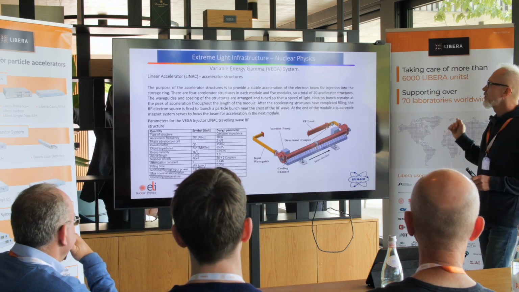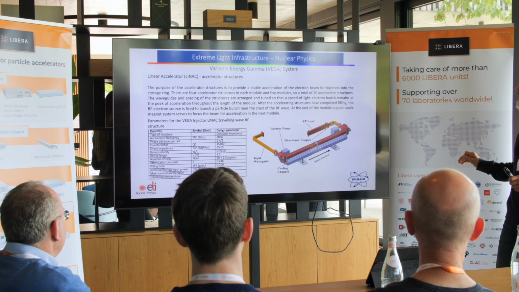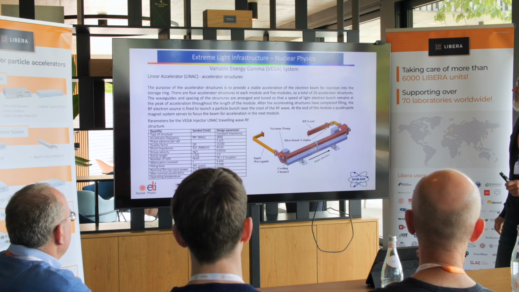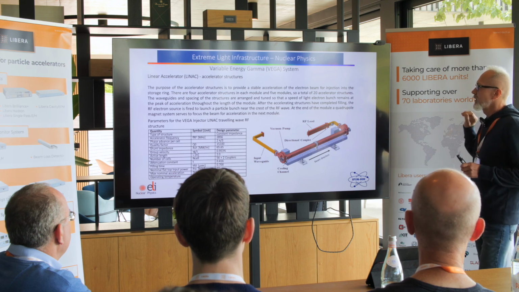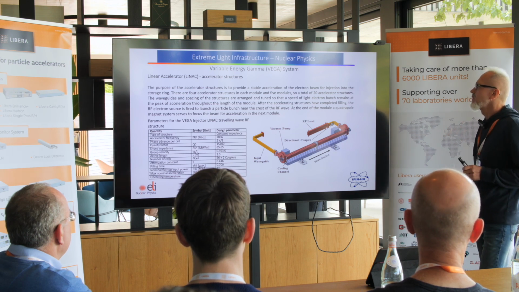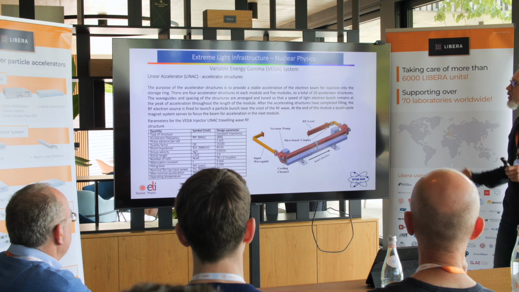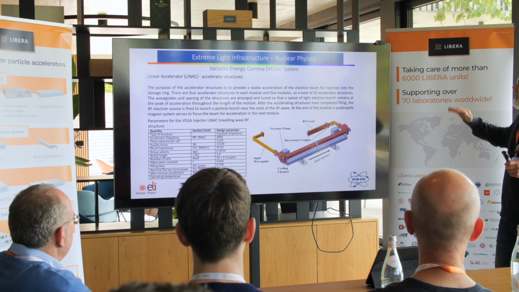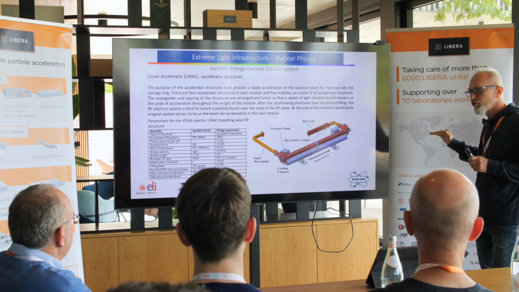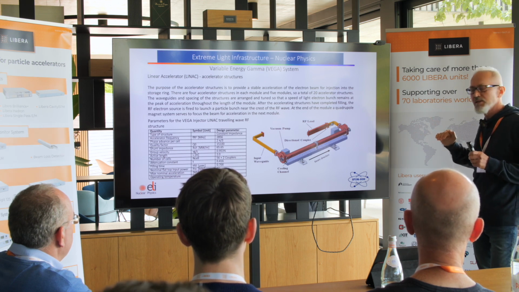One of the reasons why we need low level RF equipment is to arrange the emission of the electron beam to be synchronized in such a way that at the entrance of each module it is in the same phase.